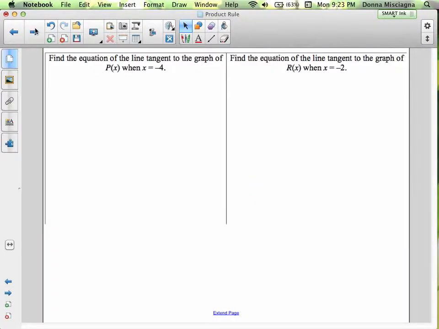And good thinking problems. This has to do with the problems we just did, but they didn't fit on that page. Find the equation of the tangent line to the graph of p of x when x equals -4. So we know what x is. x is -4.